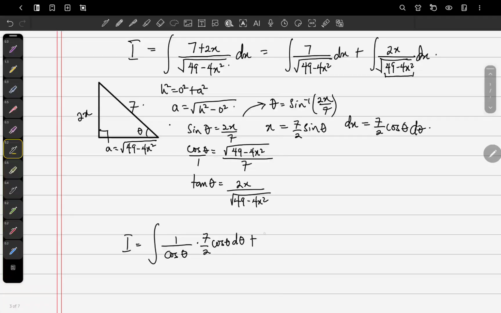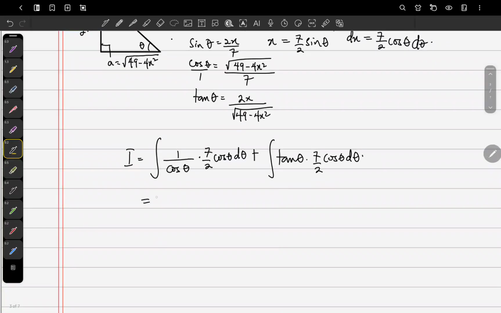Then plus the integral of 2x over the square root of 49 minus 4x squared. That is exactly what we have written here as tan theta. Then dx here is equal to, again, 7 over 2 cos theta d theta.